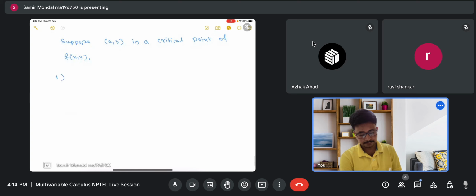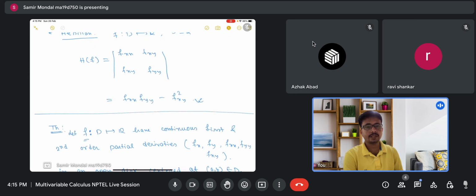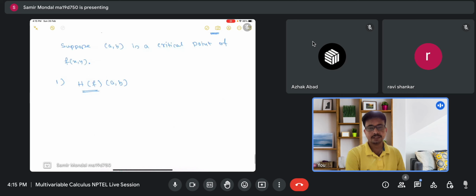First, we'll find the Hessian of f at the point AB. This is your Hessian of f. We'll put the value of AB here in xy, and check the sign of the Hessian. The Hessian may be positive, negative, or 0. So there are three conditions.